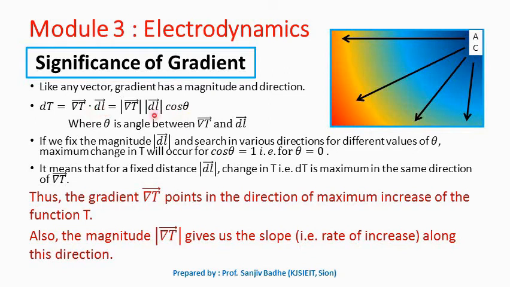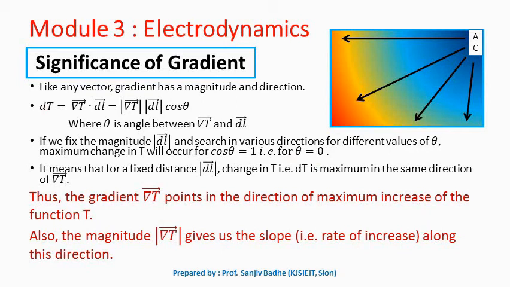Now if you fix the magnitude of this dl bar, and search in various directions for different values of theta, and find the change in value of function t for different angles theta, then you can note from this equation that the maximum change in the value of t will be when cos theta is equal to 1. Cos theta will be equal to 1 when theta is equal to 0. So the maximum change in the value of function t occurs when theta is equal to 0.